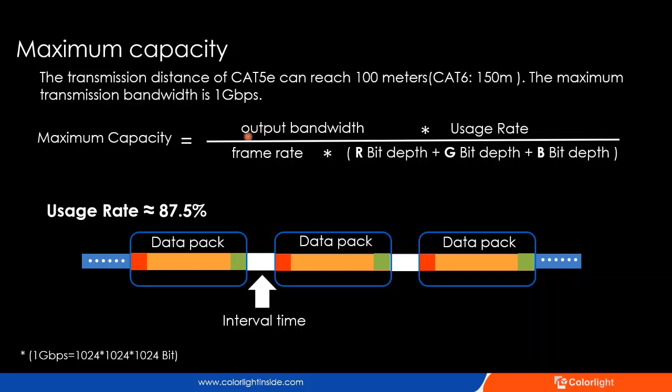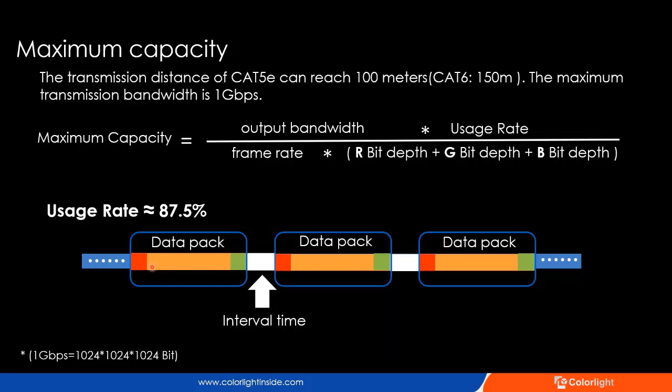Let's see. There is a formula to calculate the maximum loading capacity. The maximum bandwidth of Ethernet cable is fixed, 1 gigabit. The usage rate means what percentage of 1 gigabit can be used to transmit data. The data is transmitted in the form of data packets, like the blue rectangle.